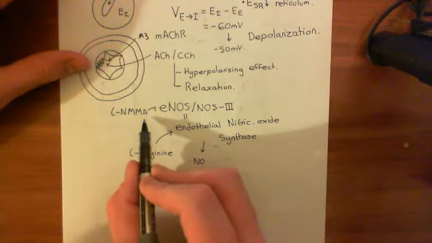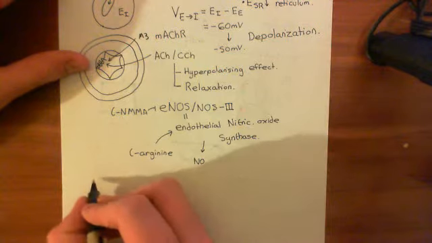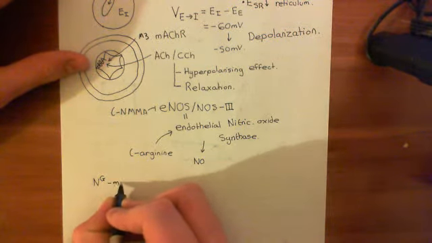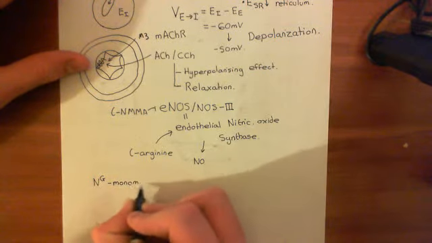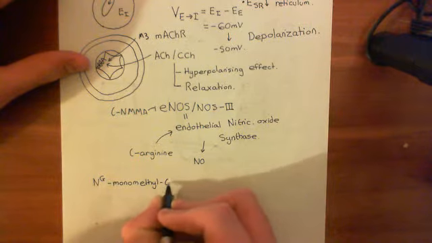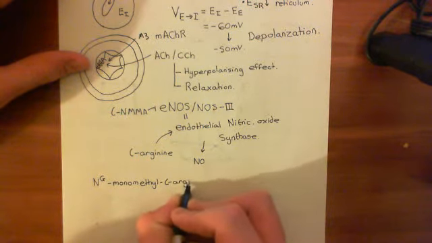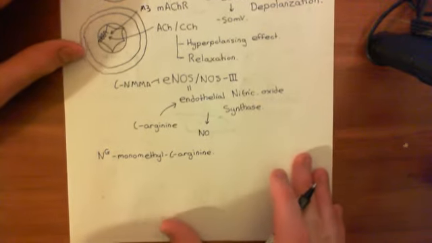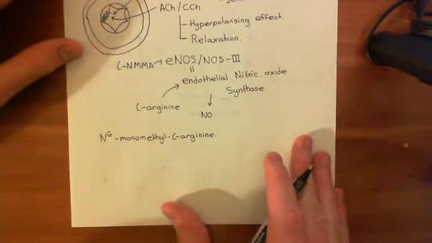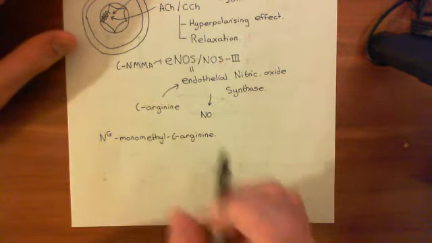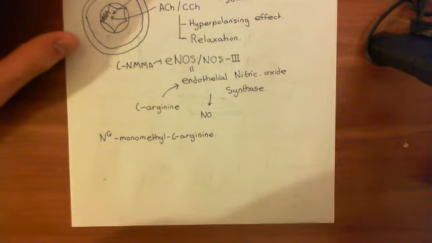Basically, L-NMMA, which stands for NG-monomethyl-L-arginine, is an analog of the structure of L-arginine, and it will go into the active site of the enzyme and it will not undergo the correct reaction that L-arginine undergoes, and therefore it will just block L-arginine from going into the enzyme, and it will block the activity of the endothelial nitric oxide synthase.